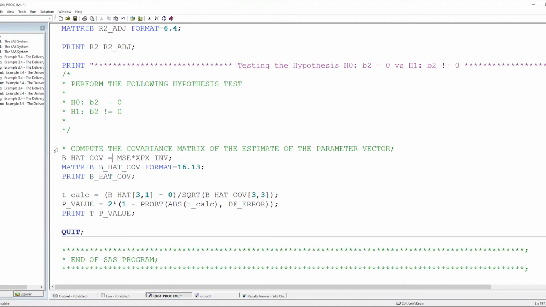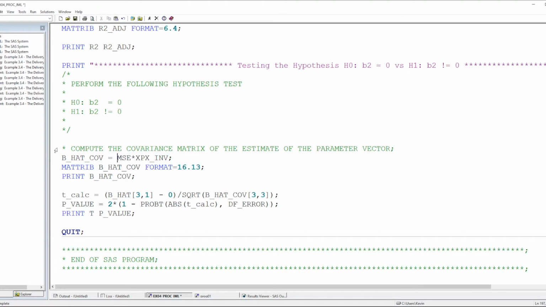Now, you'll recall from the textbook that the covariance matrix for beta hat is given by the point estimator for the variance of the error term in the model times the (X prime X) inverse matrix. That's the calculation I'm doing here. I am constructing this 3x3 covariance matrix for beta hat.